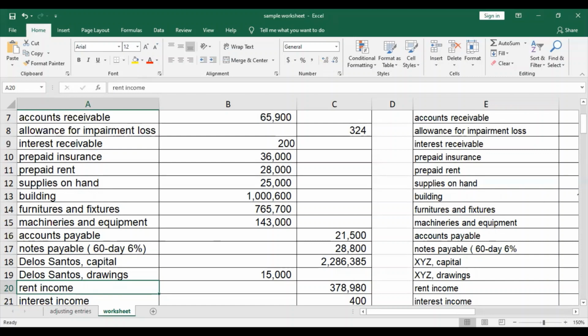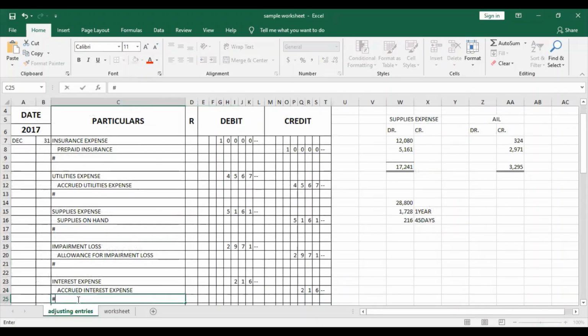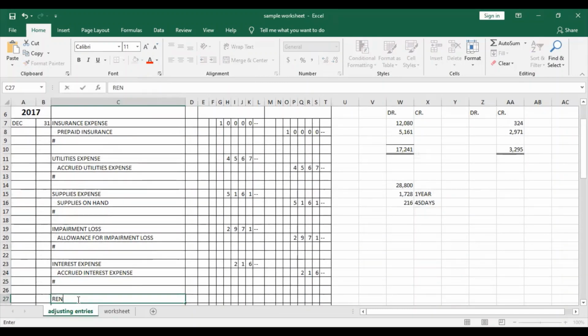Ang sabi dun sa problem, so nirecord mo daw na amount ng rent income na 378,980, yung 12,000 daw doon, advance payment. Ibig sabihin, the one that you recorded on your unadjusted trial balance as rent income of 378,980, this is overstated, sobra. So, kung sobra ang rent income mo, kailangan natin bawasan. Since it is an income account, for an income to decrease, we have to put it on the debit side. Ilagay natin sa debit side. So, meron kang entry, debit, rent income. Magkano ba yung sobra? 12,000.